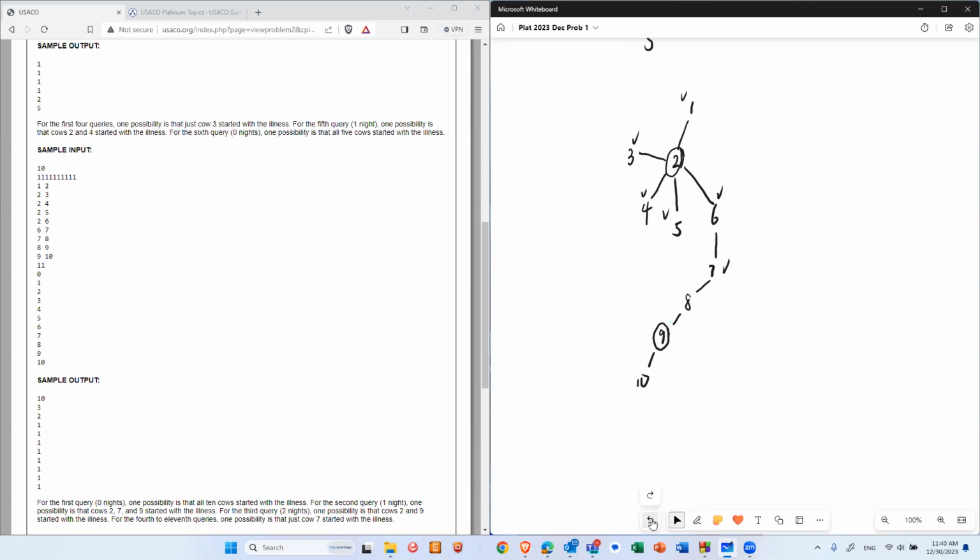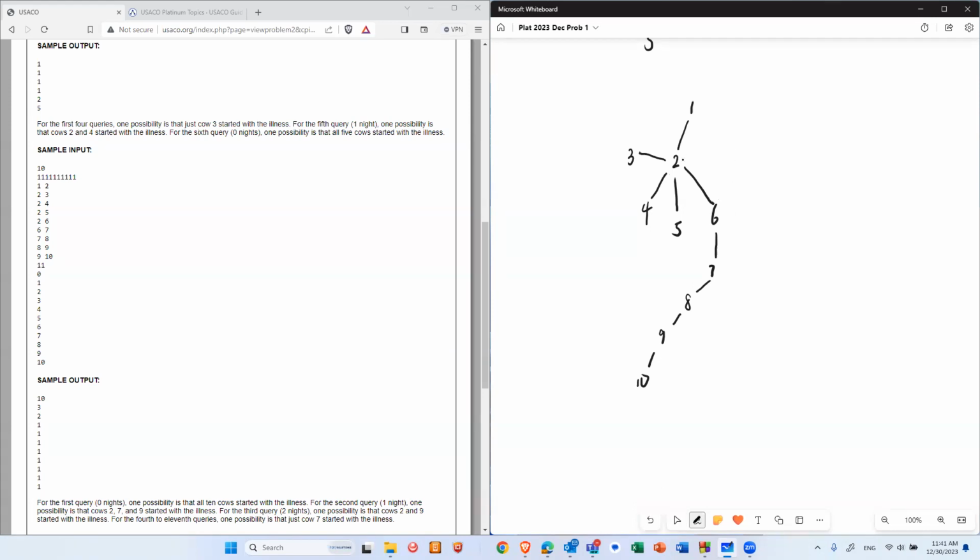So if I have 3 nights, first night it will infect this, and the second night it will infect this, and the third night it infects this. That's one way. The other way is I can do it the other way around, right?